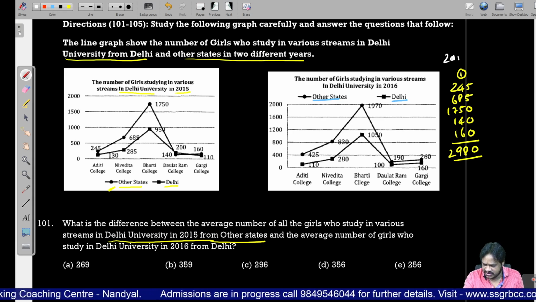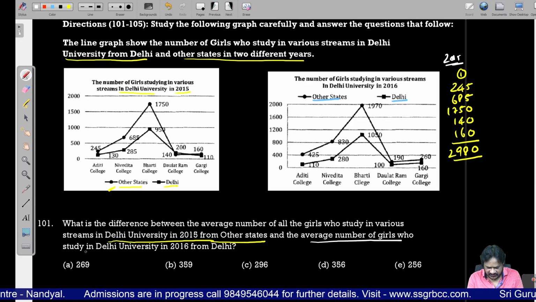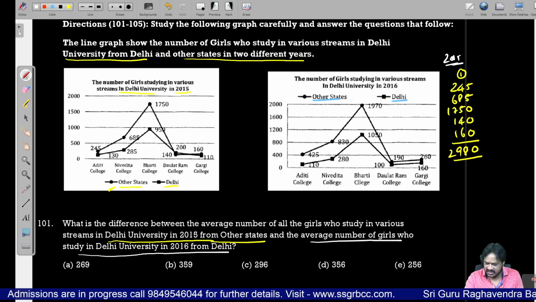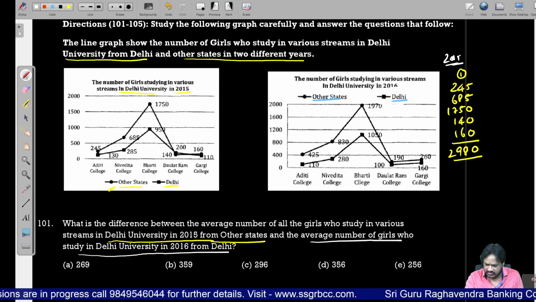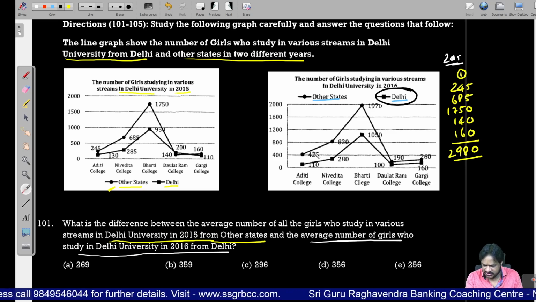This is 2015. Then the average number of girls who study in Delhi University in 2016 from Delhi. Now here we have to take only Delhi values. That means all square values.